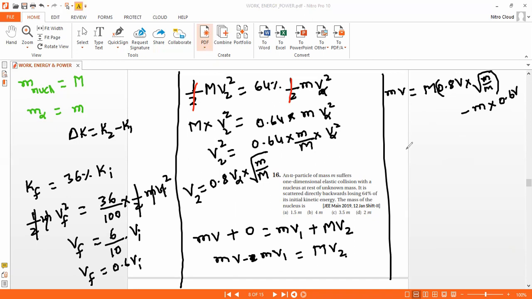Upon calculation we get 1.6 mv equal to capital M into 0.8 v into under root small m by capital M.